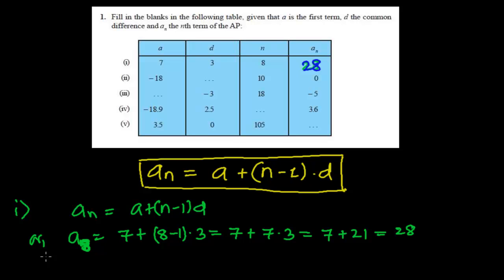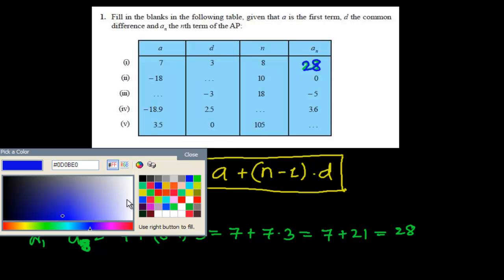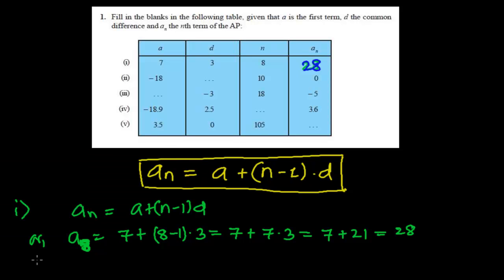Now let me find another value. In this problem we have the first term, n, and the nth term. We have to find out the common difference.